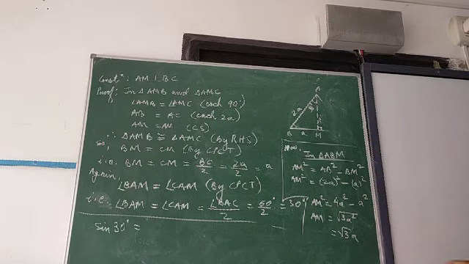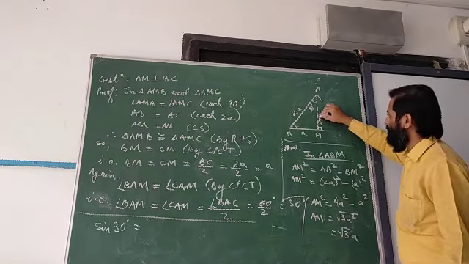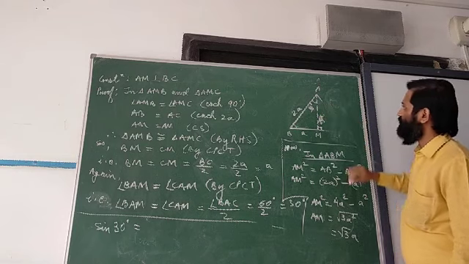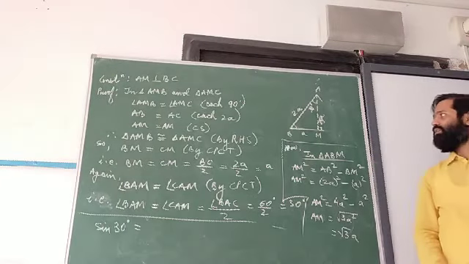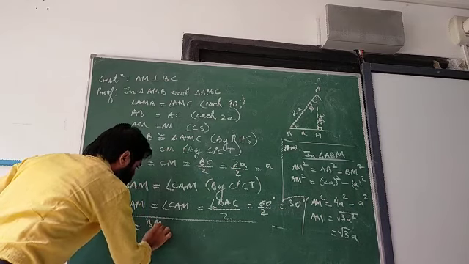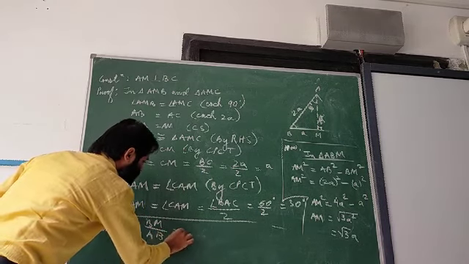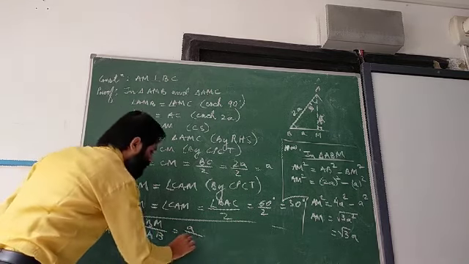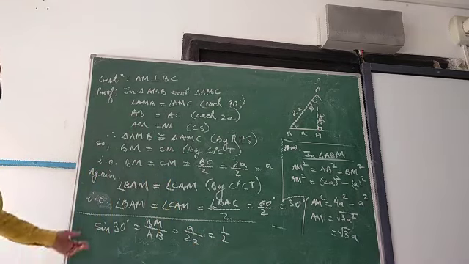Now this is your triangle, because you are taking this 30 degree, okay? Sine means what? Perpendicular by hypotenuse. What is perpendicular here? BM. So we can write BM by AB. So what is BM? A by 2A. A, A cancel? 1 by 2. You got sine 30.